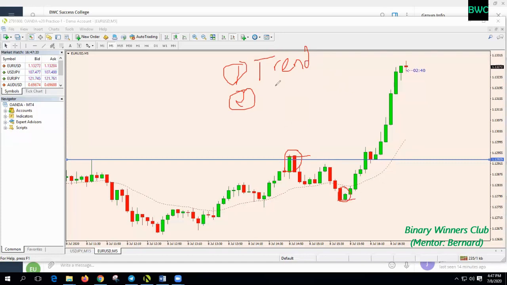So that will give you your support and resistance level. Number three, in this strategy, you wait for a breakout. Now, there are rules you need to follow to validate a breakout. I will show you exactly what those rules are.